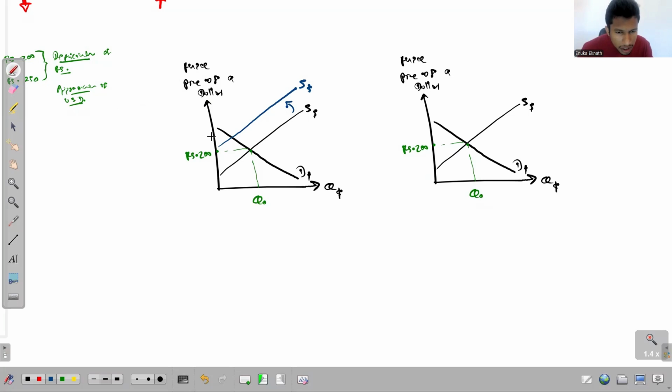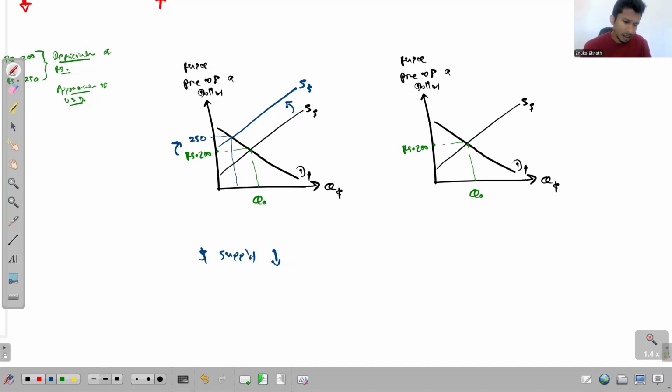If the dollar supply decreases, see what happens. The rupee price of a dollar increases. Right? So that is one possible reason. Dollar supply should decrease. That is one possible reason for a depreciation of rupee.